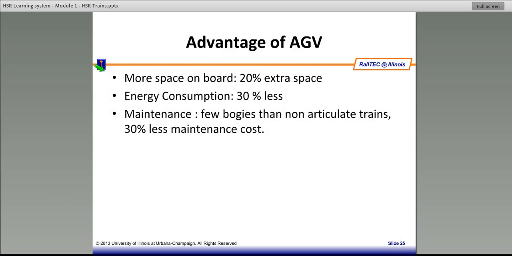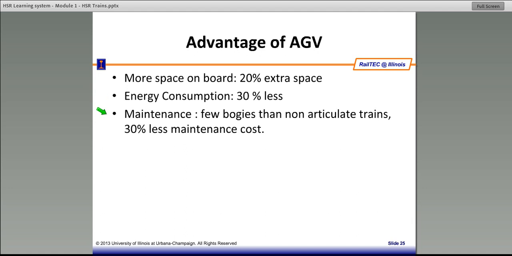So according to the AGV, after converting to the power distribution train, they have an extra 20% of space to put passengers in. That's very important. Energy consumption also becomes 30% less, and this has to do with more power regeneration.